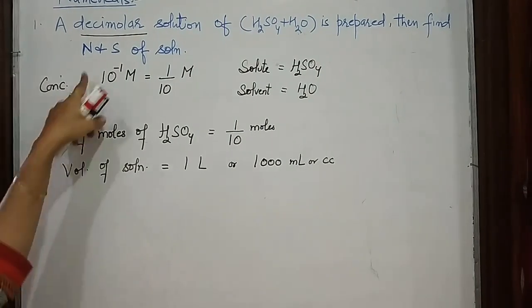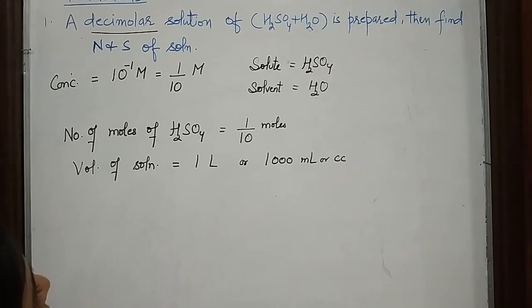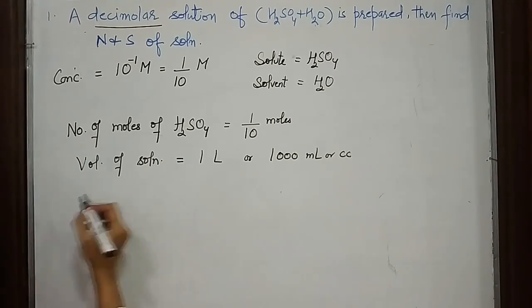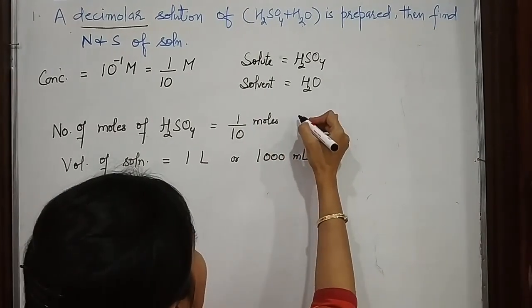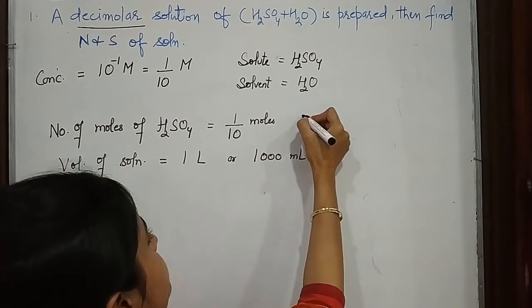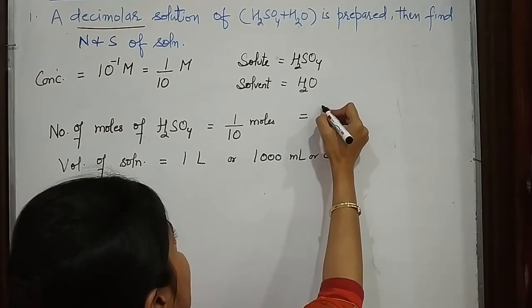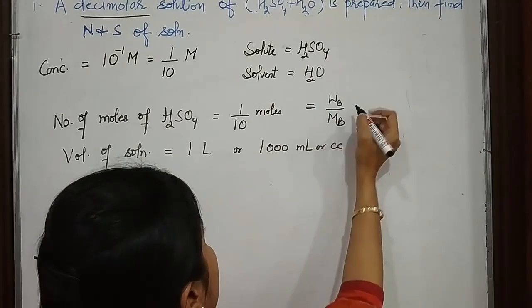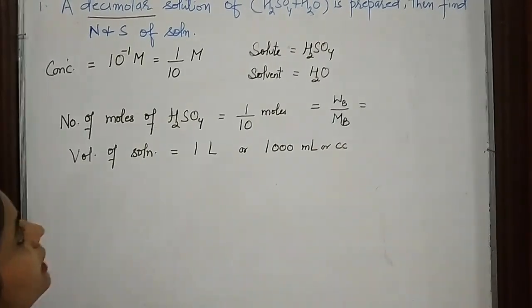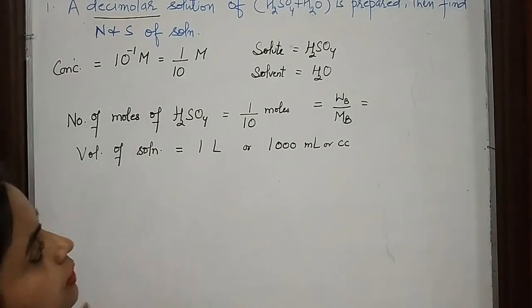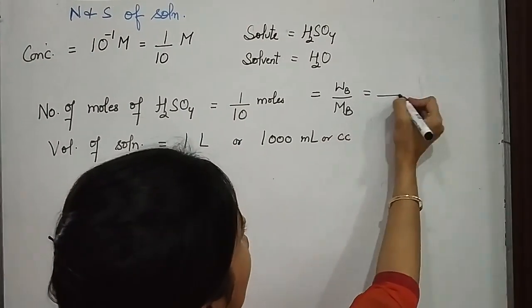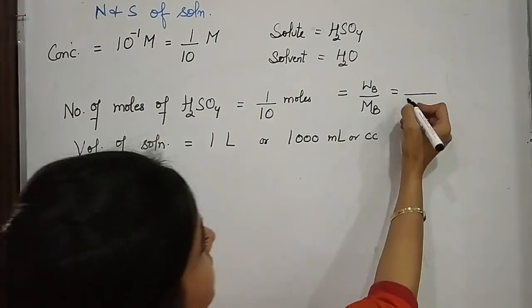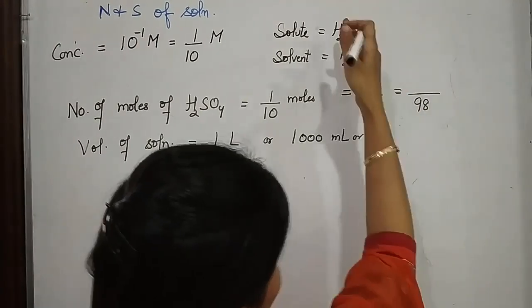Now you have to find out normality and strength. You know that this number of moles is equal to mass upon molar mass, WB upon MB, and WB is not given to you, but molar mass of H2SO4 is 98. You can calculate.